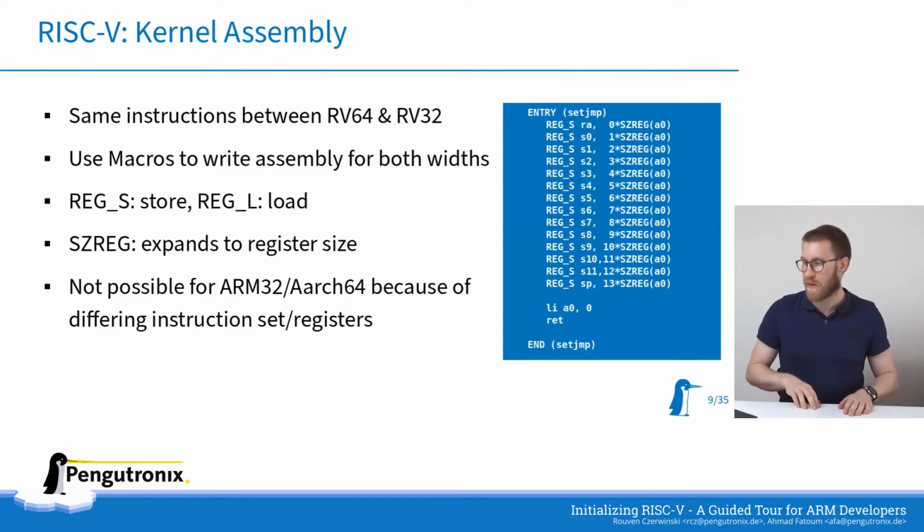We can write assembly macros which will just expand to the correct instruction according to the size which has to be loaded into a register. This is done by using the REG_S and REG_L macros within the Linux code. The REG_S macro is used to store a value at a register offset, and the REG_L macro is used to load something from a register's content.